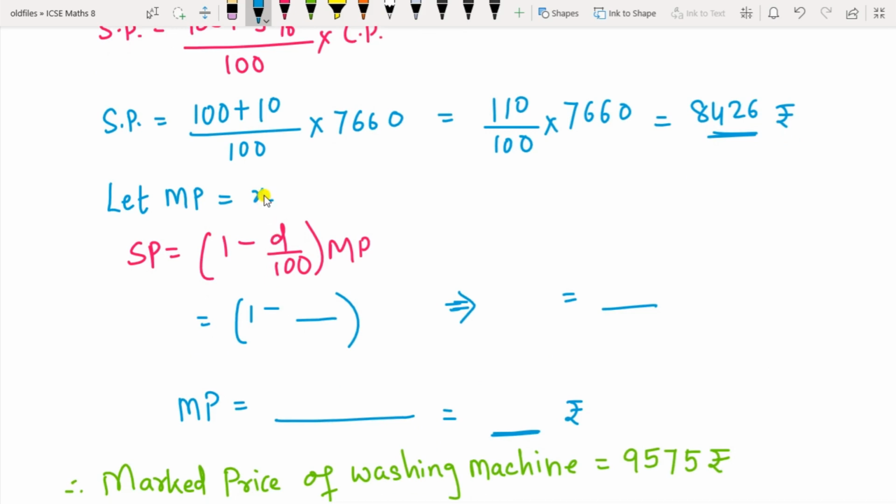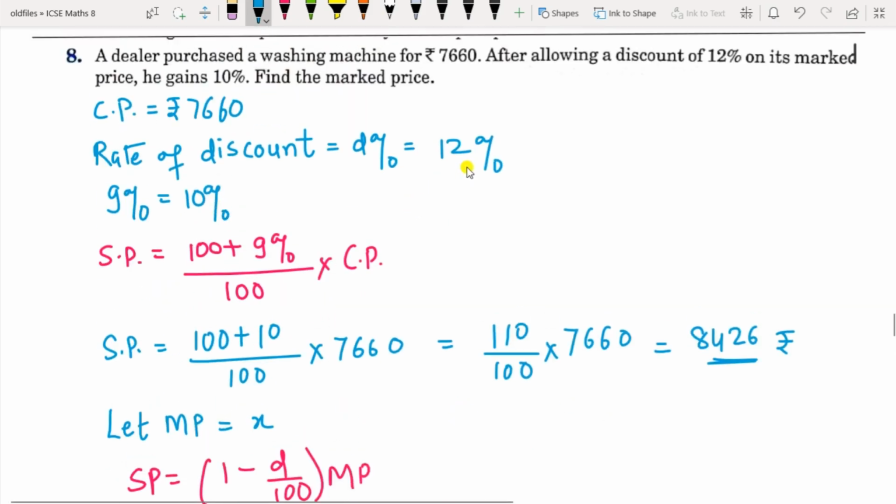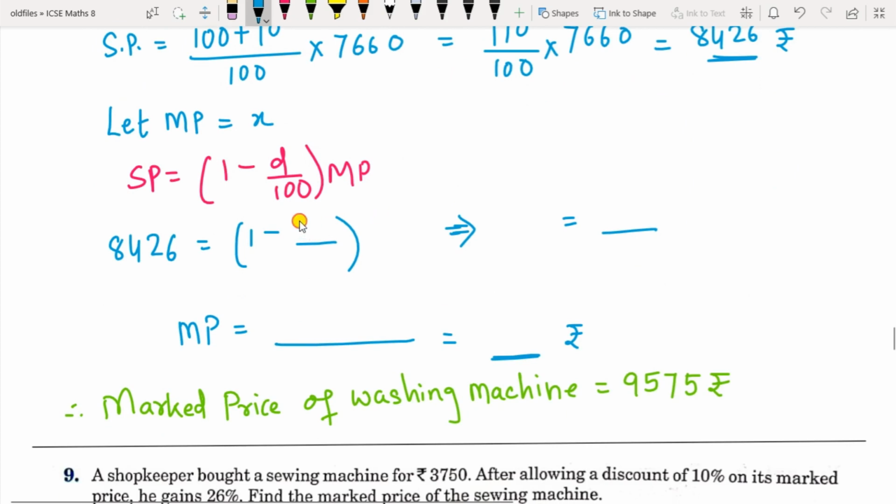So now let MP be X here. We don't know MP. We need to find MP in the question. So SP equal to 1 minus D upon 100 into MP. We know now the selling price as 8426, 1 minus discount is given as 12% here. So 12 by 100 and MP be X. So it is 8426 equal to 100 minus 12, that is 88X upon 100.